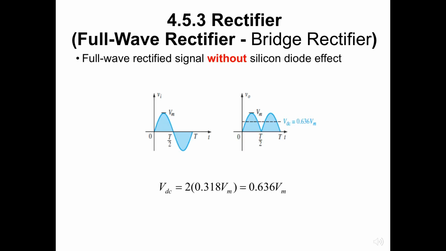Over one full cycle, the input and output voltages will appear as shown in this figure for the full-wave rectified signal without silicon diode effect.